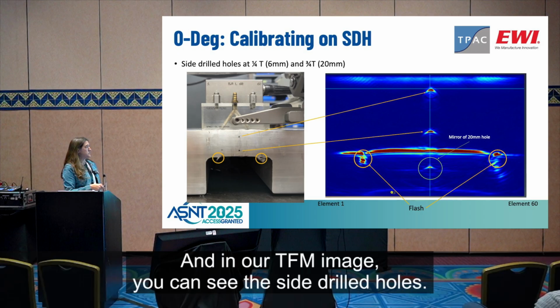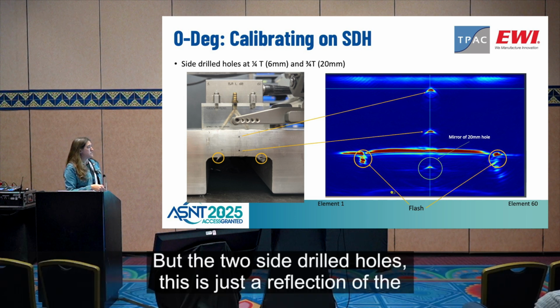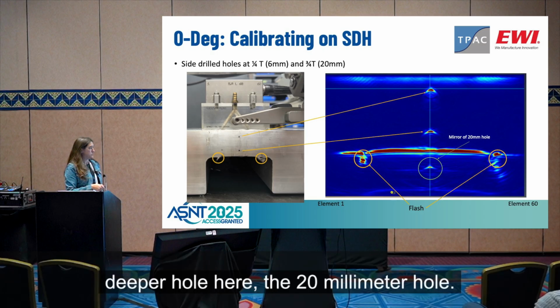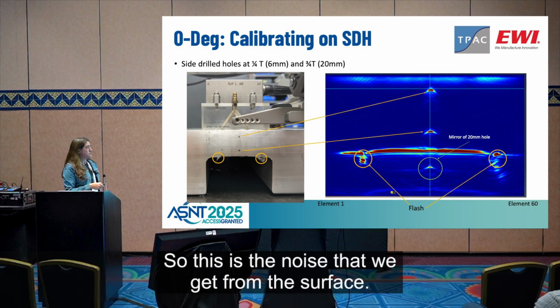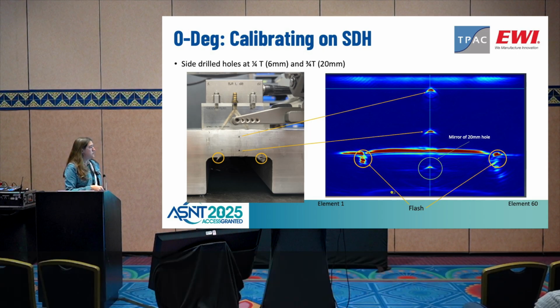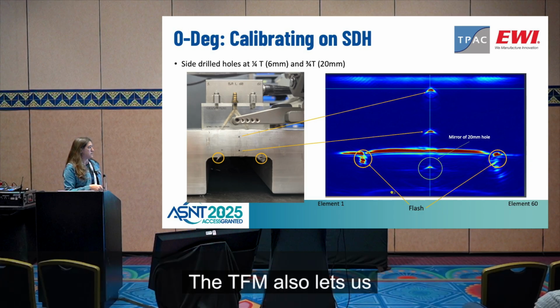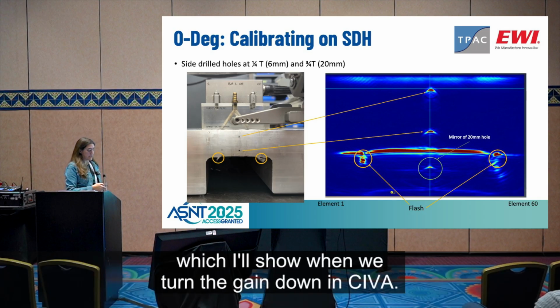And in our TFM image, you can see the side drilled holes. The gain's turned up high for right now, just so we can see it, but the 2 side drilled holes, this is just a reflection of the deeper hole here, the 20 millimeter hole, and then our flash, of course. So this is the noise that we get from the surface now. It's much improved. The TFM also lets us isolate a little more of the back surface, which I'll show when we turn the gain down in CIVA.